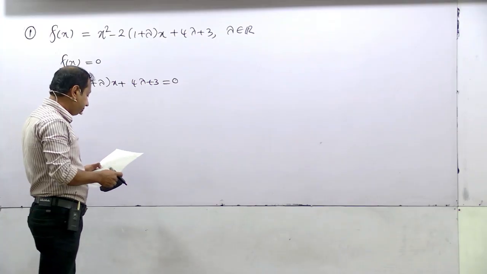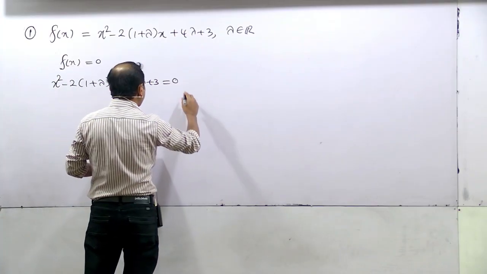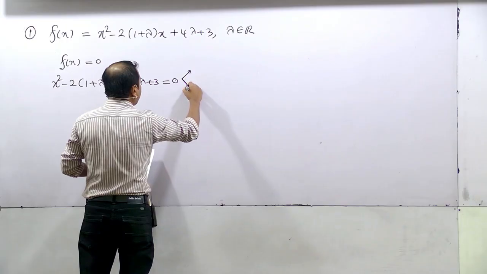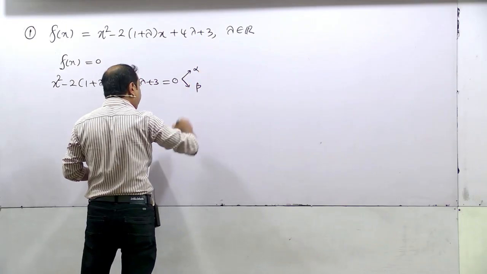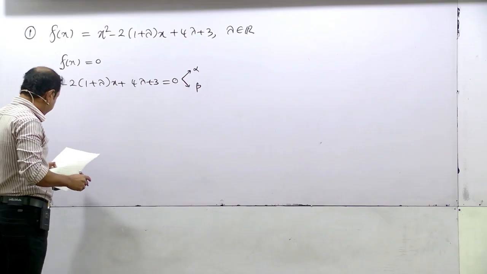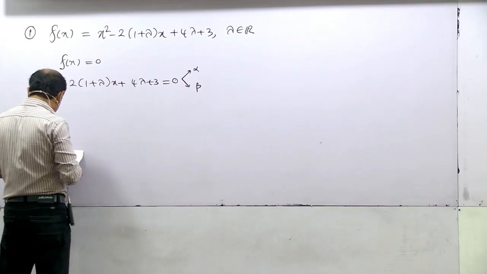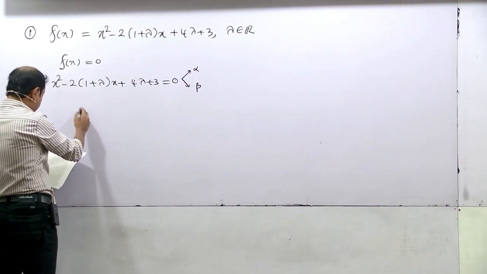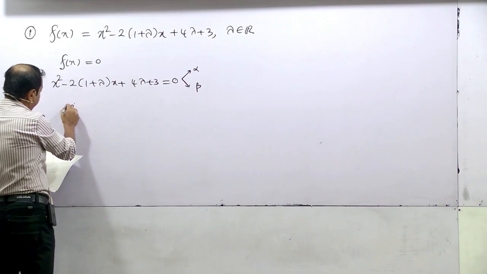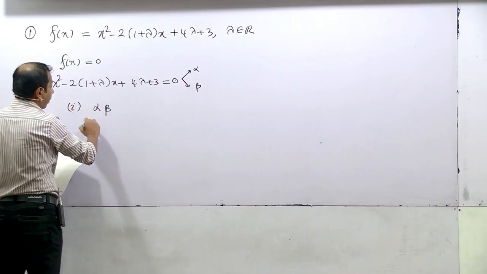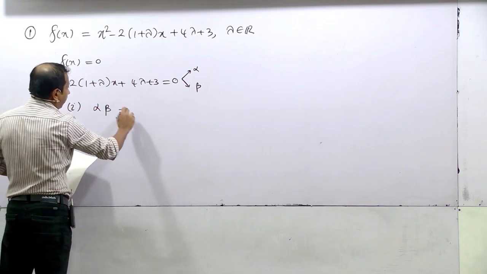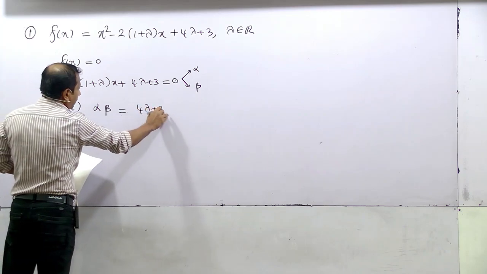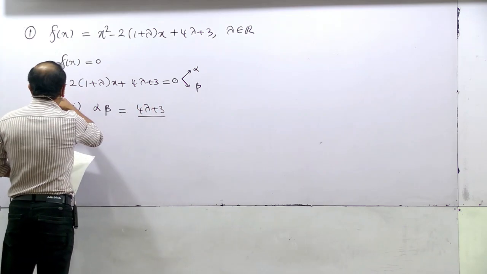Now we'll assume the roots of this as alpha and beta. First, you can write the alpha beta product as the constant term, 4 lambda plus 3, divided by the x squared coefficient, 1.